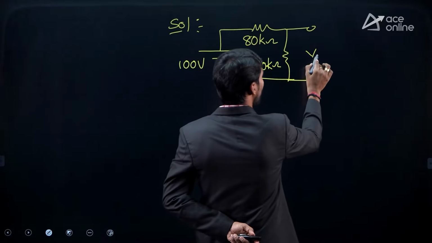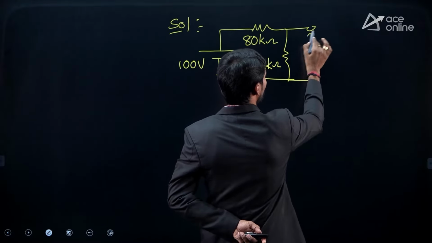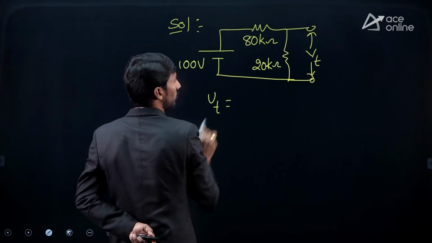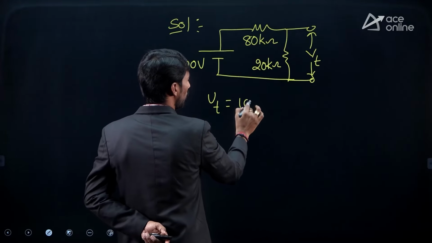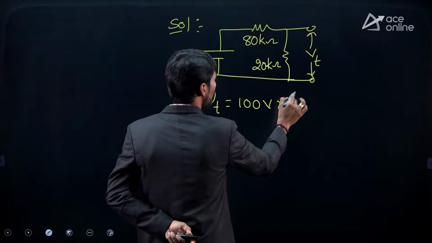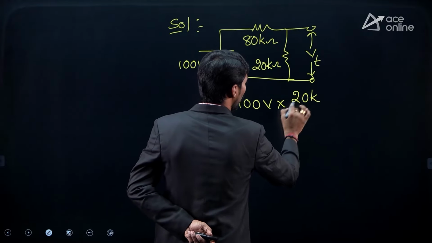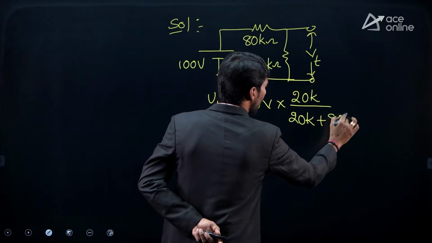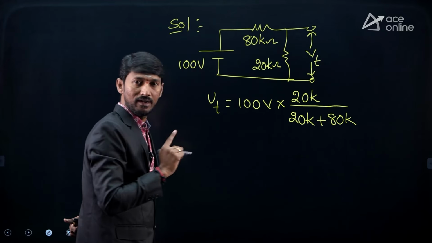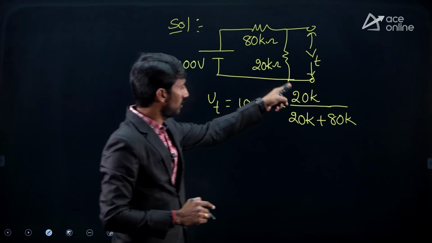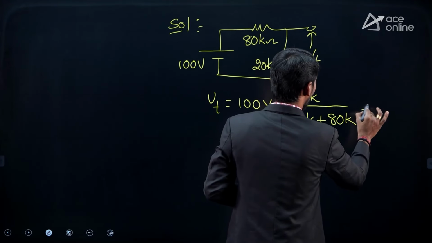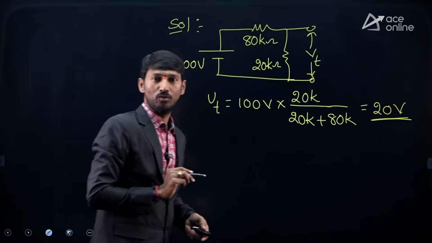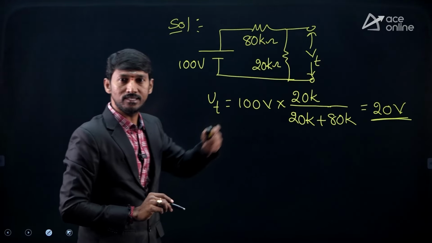So therefore, what is the V true value? V true is equal to the total voltage into 20 kilo by 20 kilo plus 80 kilo. 100 kilo, this 100 will be cancelled, kilo will be cancelled, so automatically the voltage will be 20 volt. Okay, the true value of voltage is 20.